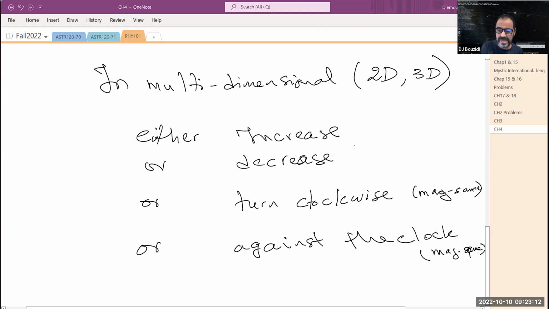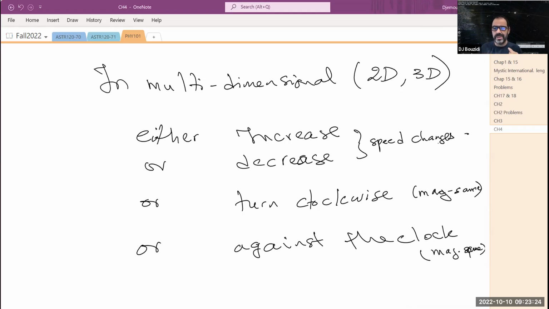And here, in the first two cases, the speed is actually changing. That is a big critical difference. So in a multidimensional case, you are not just worried about the value if it's getting bigger or smaller. You're also worried if the direction is changing. That's basically what that means.